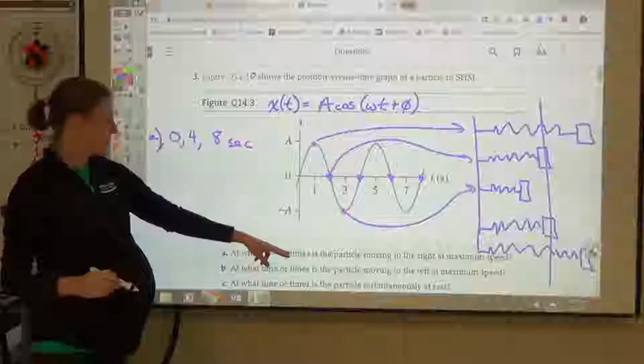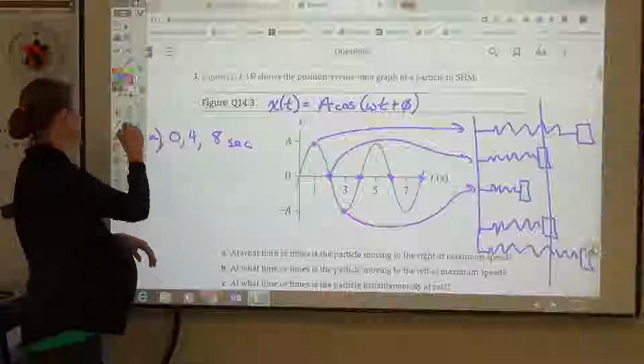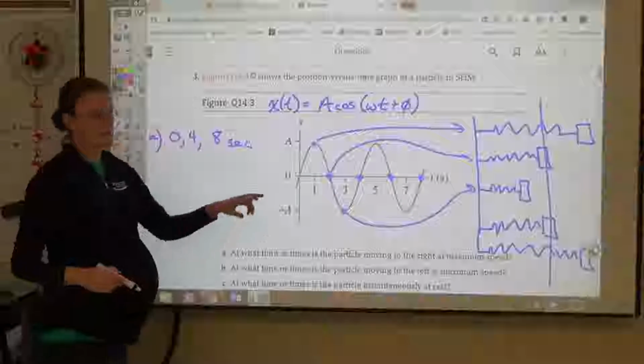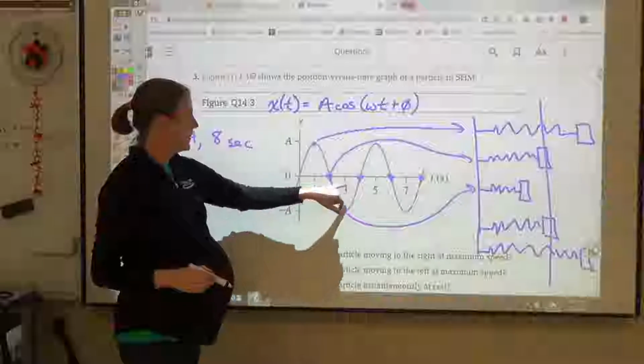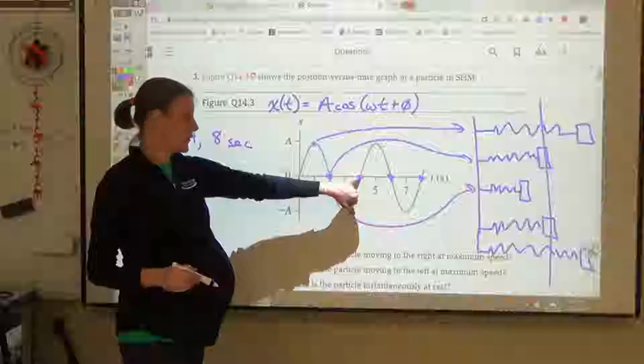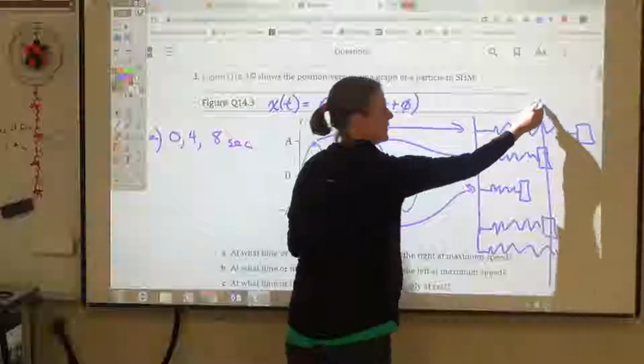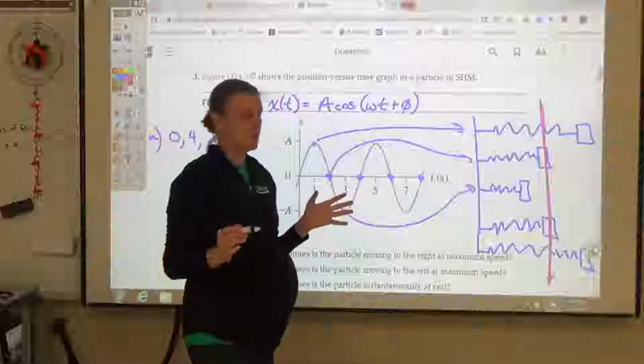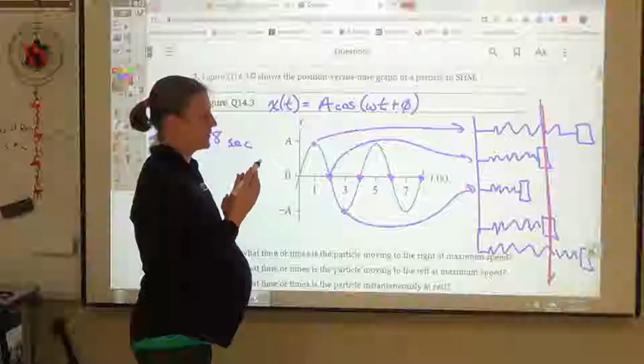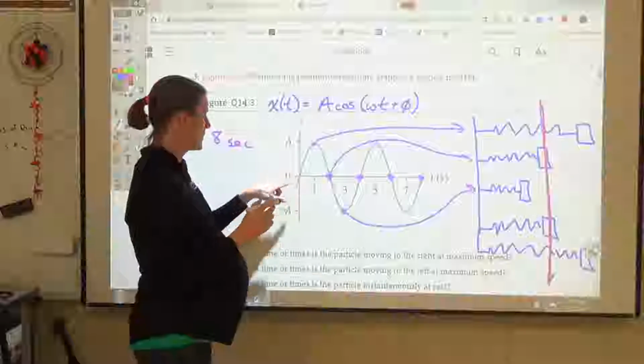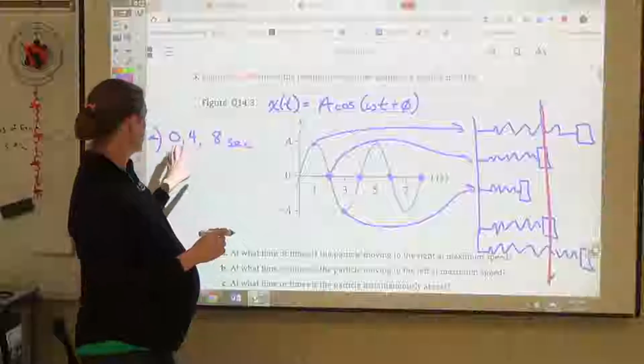At what time or times is the particle moving to the left with maximum speed? Again, it should still be where my amplitude is 0. Maximum speed, again, is at the equilibrium position, right smack in the middle. So let's see.